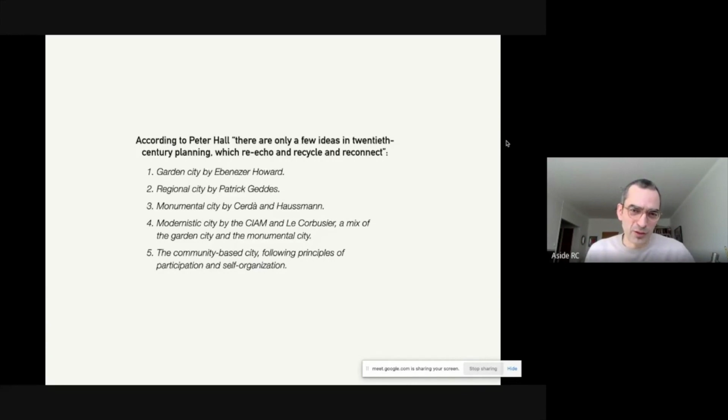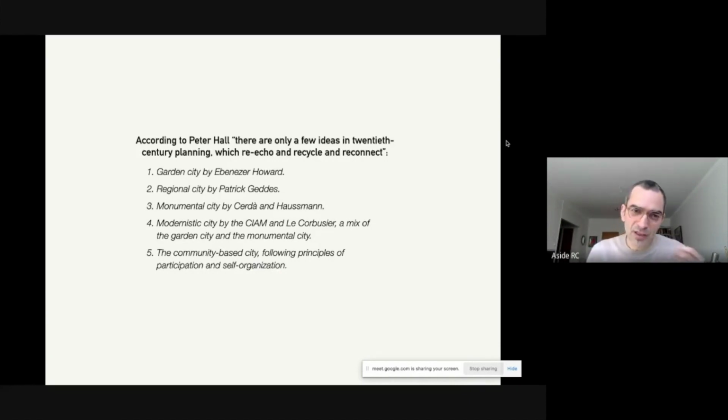So according to Peter Hall, since the 19th century until today, there have been only these 5 types of urban planning, or you could say schools or strands of urban planning, that we still use today. We haven't really invented anything new. We're just rethinking, reshuffling, combining these 5 paradigms of city planning, right?